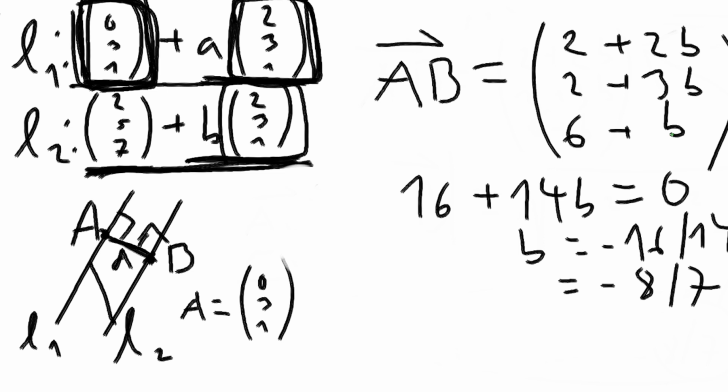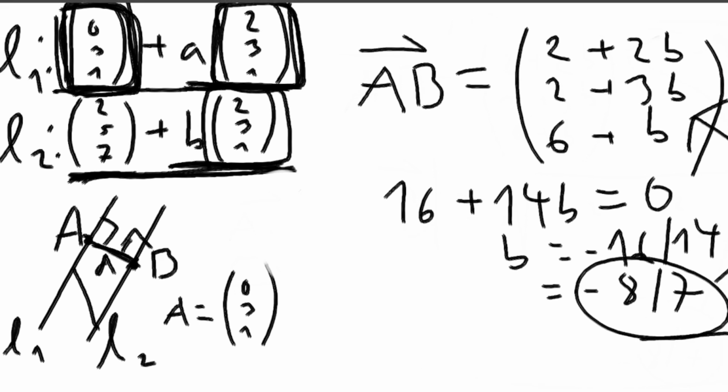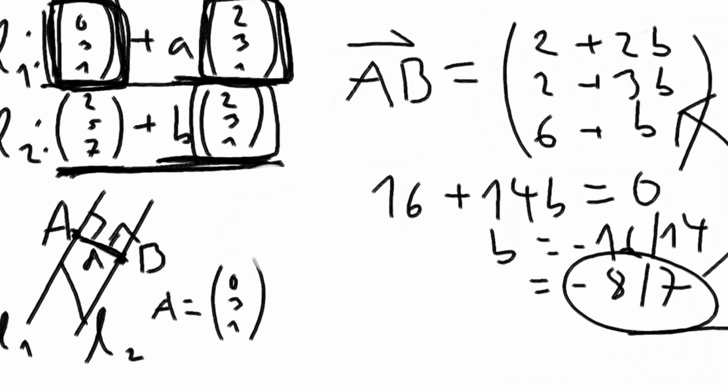And now what we want to do is, we know that b is minus 8 over 7. So what we do is, we put the minus 8 over 7 right inside all these b's here. And what that creates is basically a three-entry enumerated vector.